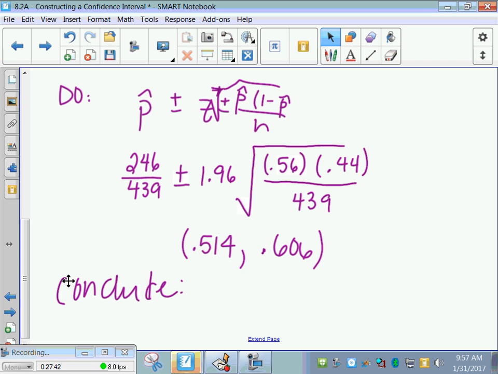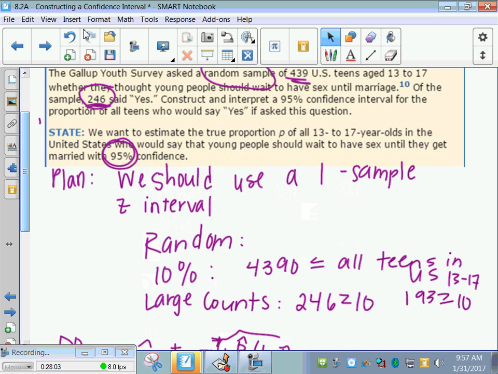Yeah. Who say they will wait to have sex. All right. We are good.